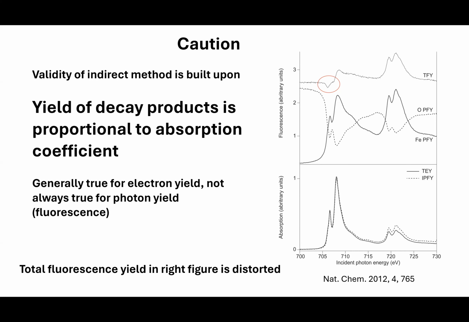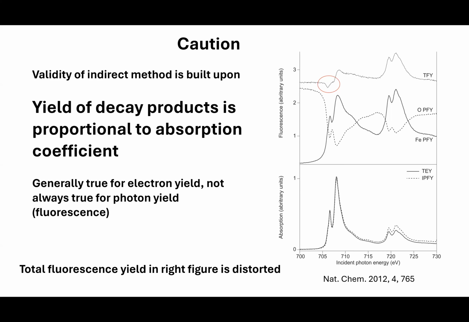That is saying, if I have more absorbing events, then I'm supposed to get more decay products, right? Then we can correlate the decay products to the absorption coefficient, which is the real physical parameter we are after.